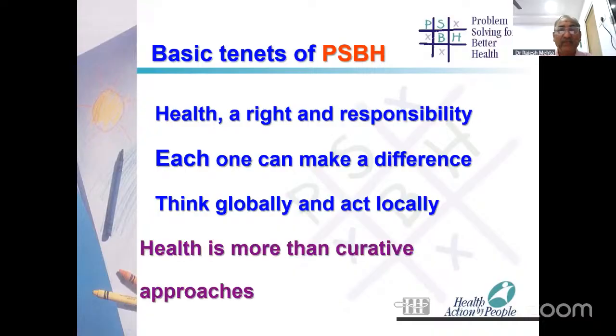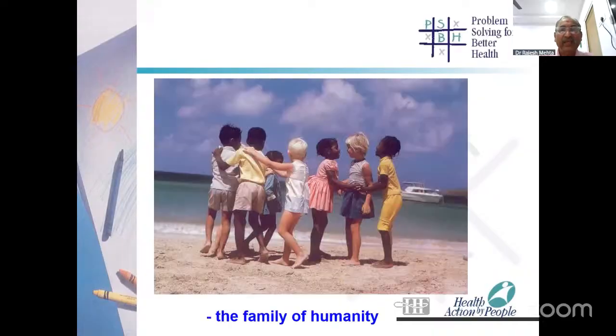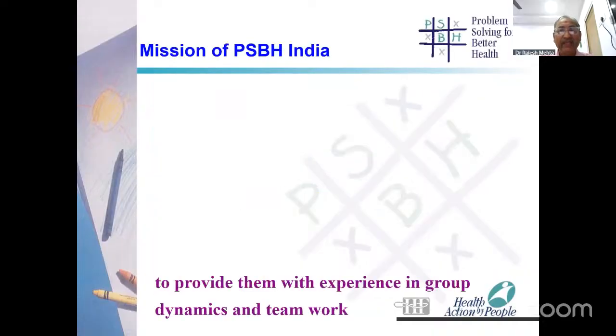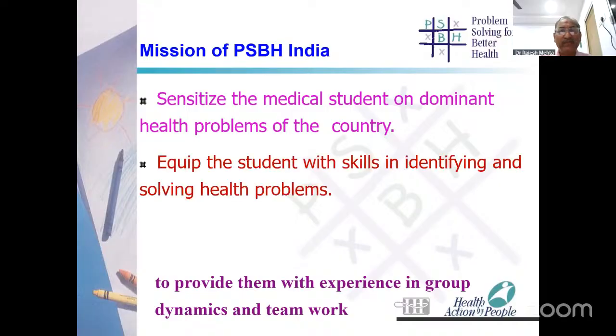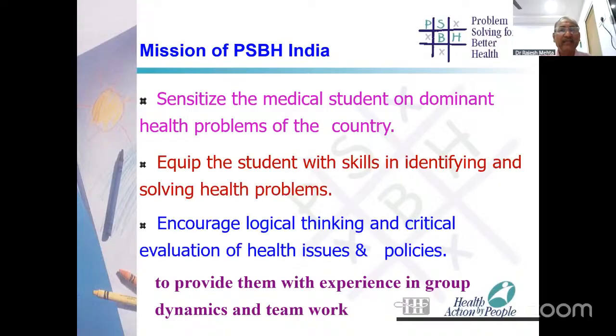There's a philosophy. And what we do in this, we sensitize the medical students to various problems, a list of problems, right? And there are 28 types of thinking capacity. So at least a few of those capacities we want to develop in the medical students.